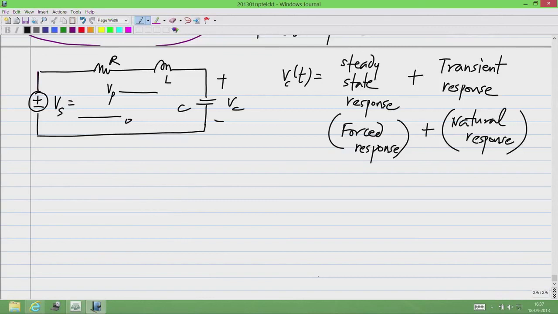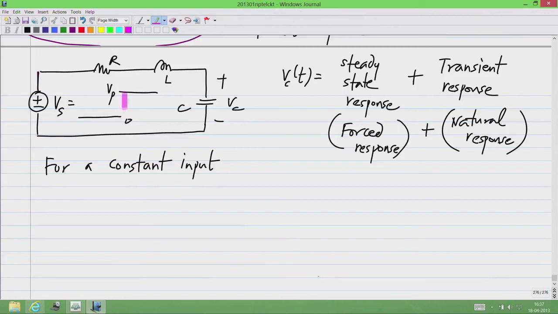Okay. So, just like for a first order circuit, for a constant input, here you have to understand what is meant by constant.